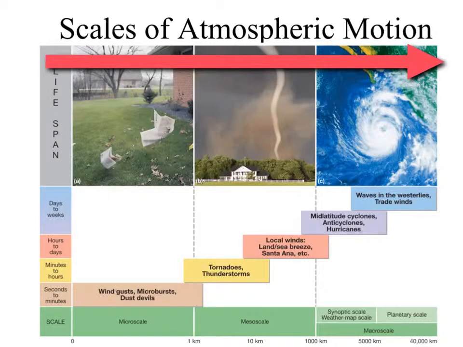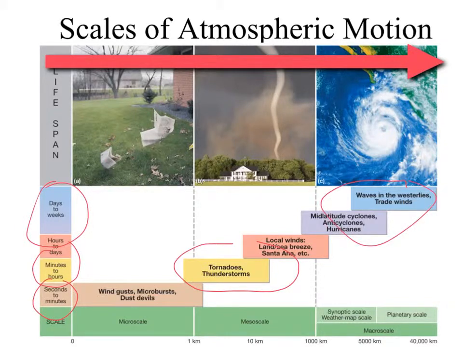And notice also that we have an assortment of times. The small scale lasts only minutes to seconds. Then we have the mesoscale lasting hours to possibly days, and then the large scale days to weeks. So atmospheric scales of motion.